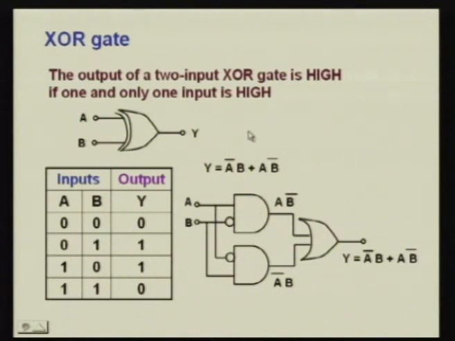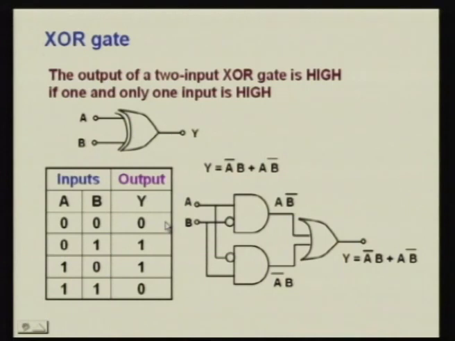It can be used in the arithmetic circuit, the arithmetic portion of any computer, and also in a comparator circuit where we have to compare two signals. If we have two signals A and B and both are equal, then definitely at the output we will not be getting anything. That means the output will be off, or in zero state.